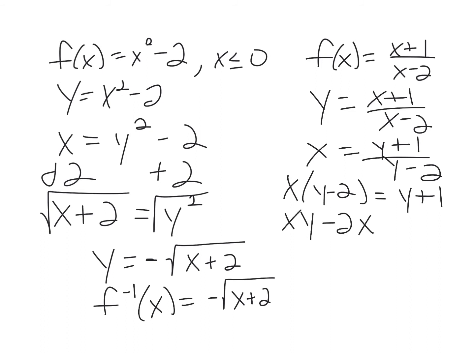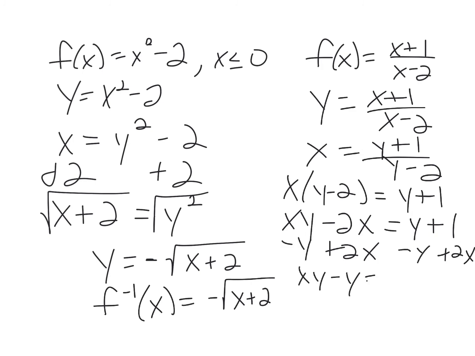Now you might be thinking, oh no, we have multiple y's. Well, we can fix that here. What I'm going to do is put all the y's on one side and all the non-y's on the other. So add 2x, minus y: xy minus y equals 2x plus 1.